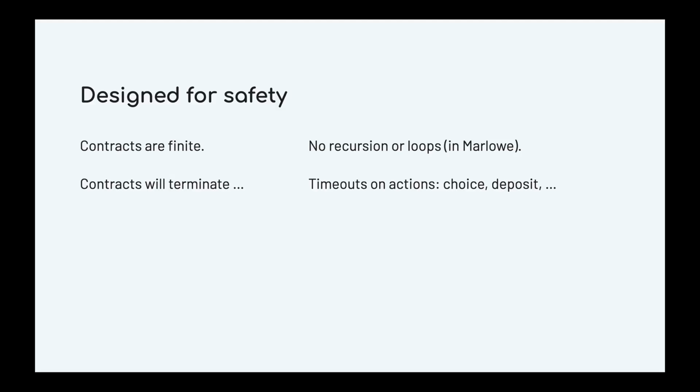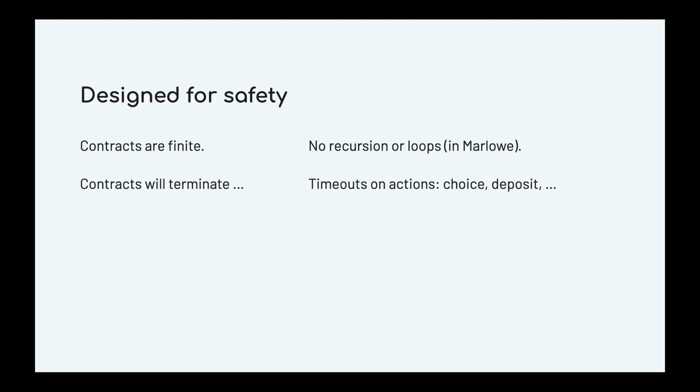Moreover, we can be sure that contracts will terminate, and we do that by putting timeouts on every external action. Every choice or deposit of money into the contract comes with a deadline, comes with a timeout. And so Marlowe contracts cannot wait forever for somebody to make a choice, for an action to happen. If you hit the timeout, then an alternative course is taken.